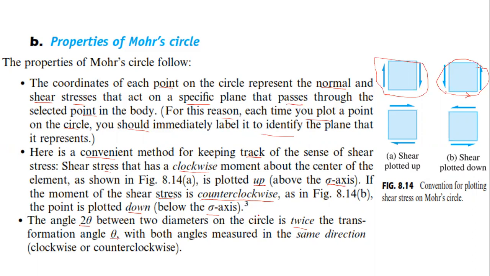In our discussion of the transformation equations, we called it 2 theta p, since 2 theta p is the angle between two diameters on the circle, with both angles measured in the same direction, clockwise or counterclockwise.